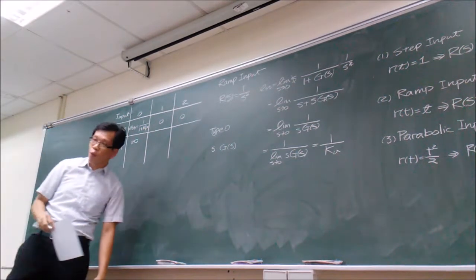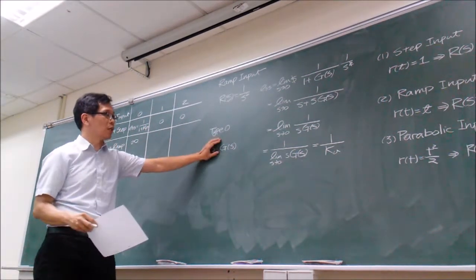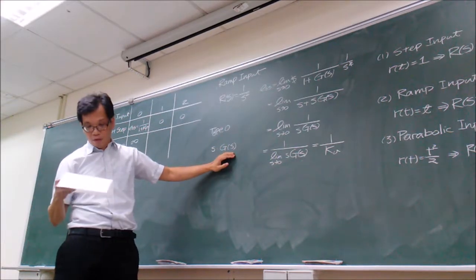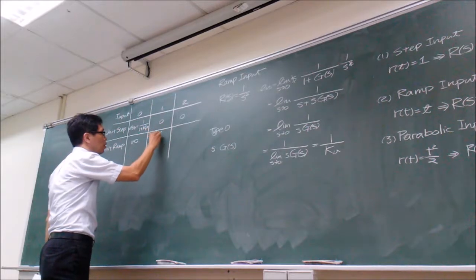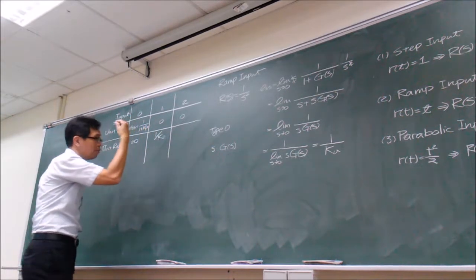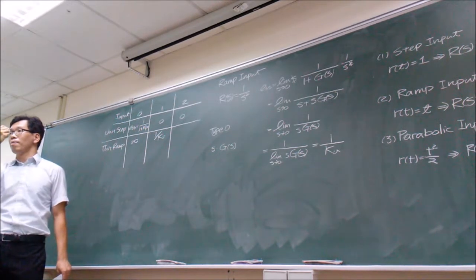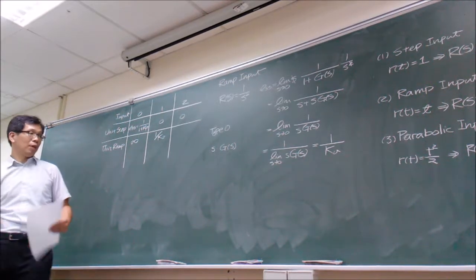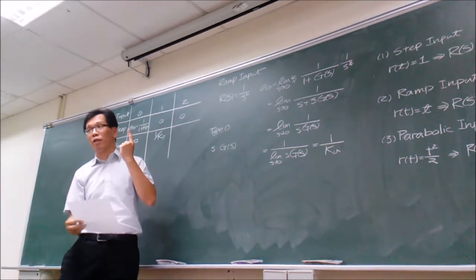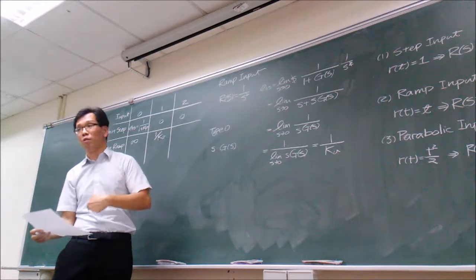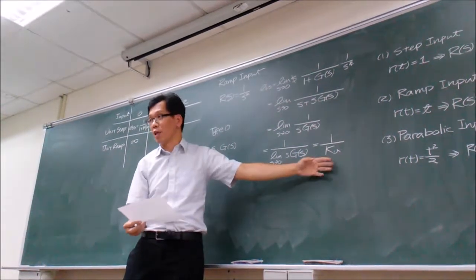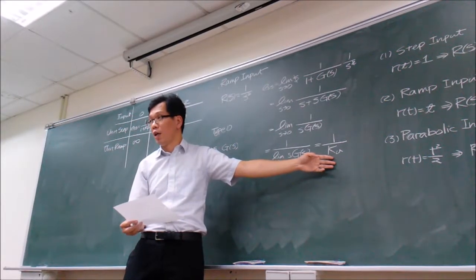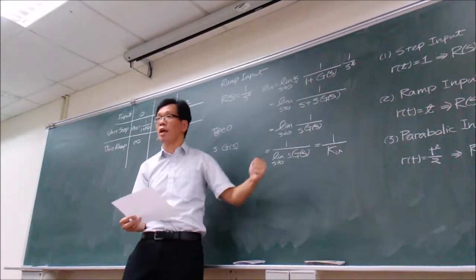If we have type 1, which means this one is going to be cancelled out from this one, then it becomes 1 over Kv. Right? Because S can be cancelled if it's type 1. S is going to be removed. Then if we do limit, limit is going to be Kv just like what we have over here. Make sense? How about type 2?